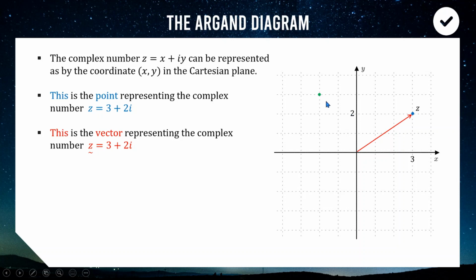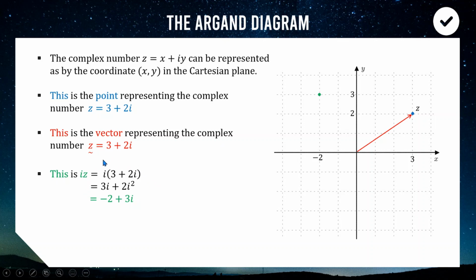Okay, this green dot right here is actually our complex number z multiplied by i. Let's have a look. So we take our z, we multiply everything by i, so we get 3i and we get 2i squared. 2i squared is negative 2, so our new complex number after multiplying by i is minus 2 for the reals and positive 3 for the imaginary axis, which is this point right here.